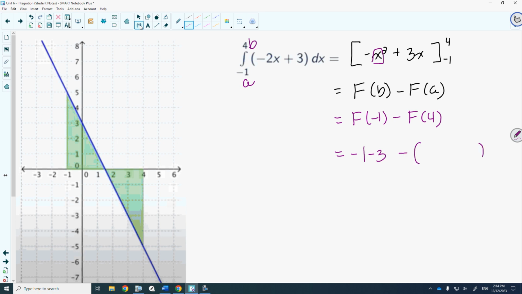Minus f of 4 will be negative 16 plus 12. Negative 4 minus, oh, yeah, what did I, f of b, thank you. Let's fix this. F of b, 4, f of 4 minus f of a.